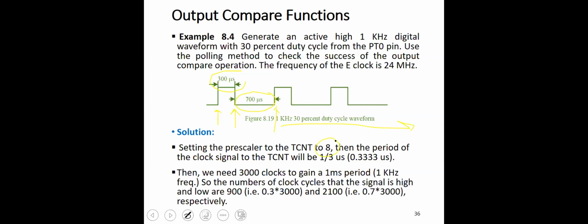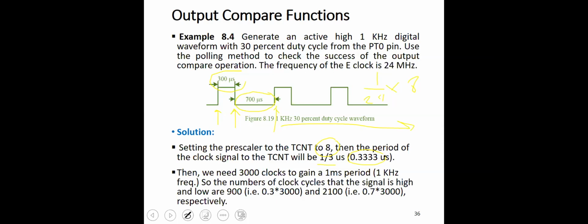Now if we set the prescaler to 8, then each increment is basically 1/24 megahertz times 8, right? So this is 1/3 microsecond, which is 0.33 microsecond. So every tick, every increment in the free running timer is 0.33 microsecond.